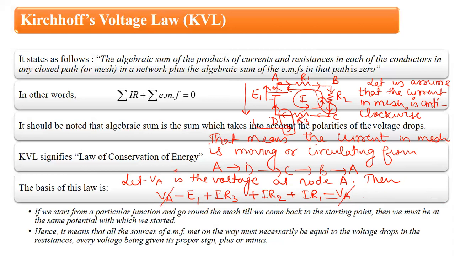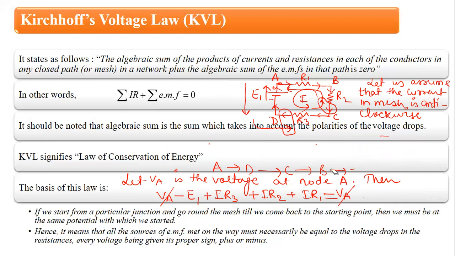Now what do we have? We have the rest of the equation which we can write, and that equation is minus E1 plus I R3 plus I R2 plus I R1 is equal to 0.